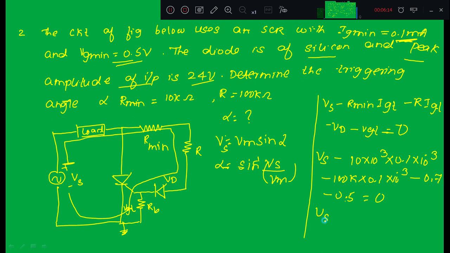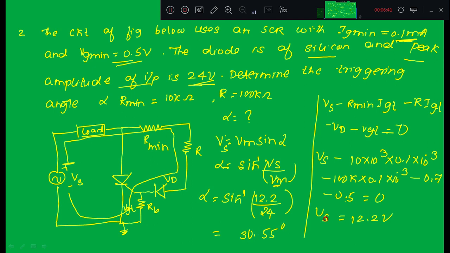If you solve this, you will get Vs as 12.2 volts. So alpha is sine inverse of 12.2 divided by the peak value, given as 24 volt in the question.